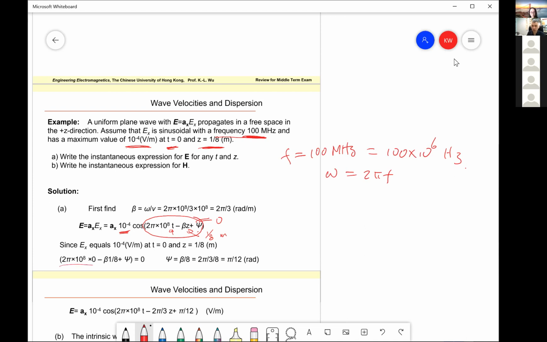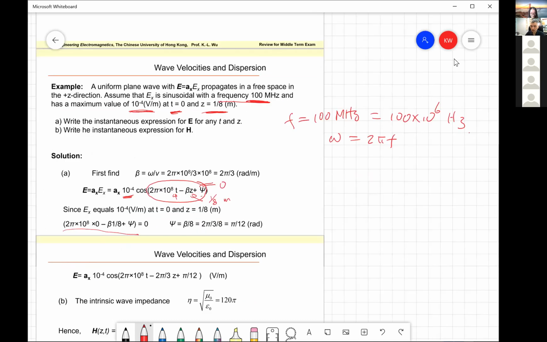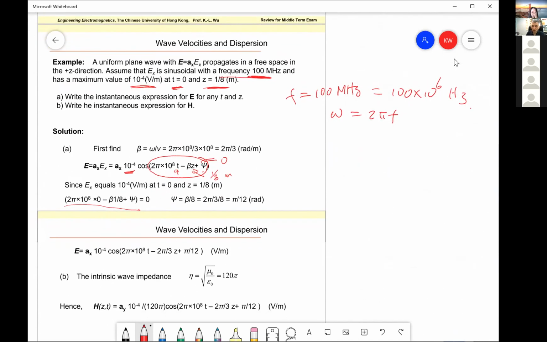All right, so this is the equation we set. This is the initial phase. It already gives you a maximum value and the frequency. From this equation, you can determine the initial phase.